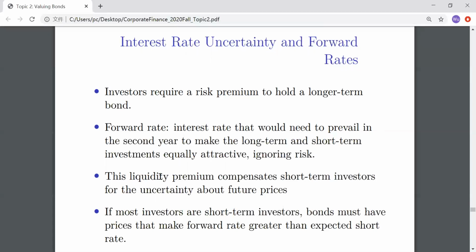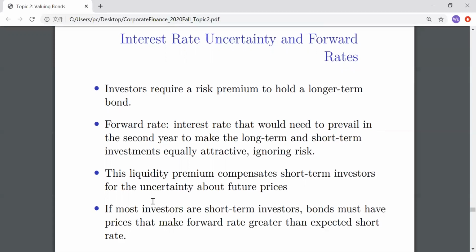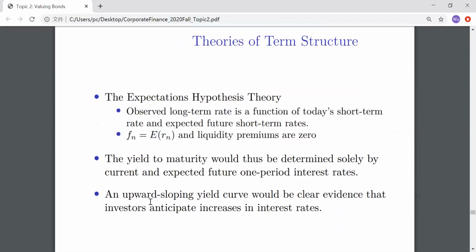Therefore, the liquidity is going down. So in order to be willing to sacrifice this liquidity, they need to be offered a higher return. That is the idea. In that case, bonds need to have prices that make forward rates greater than the expected short-term rates to reflect the liquidity premium.